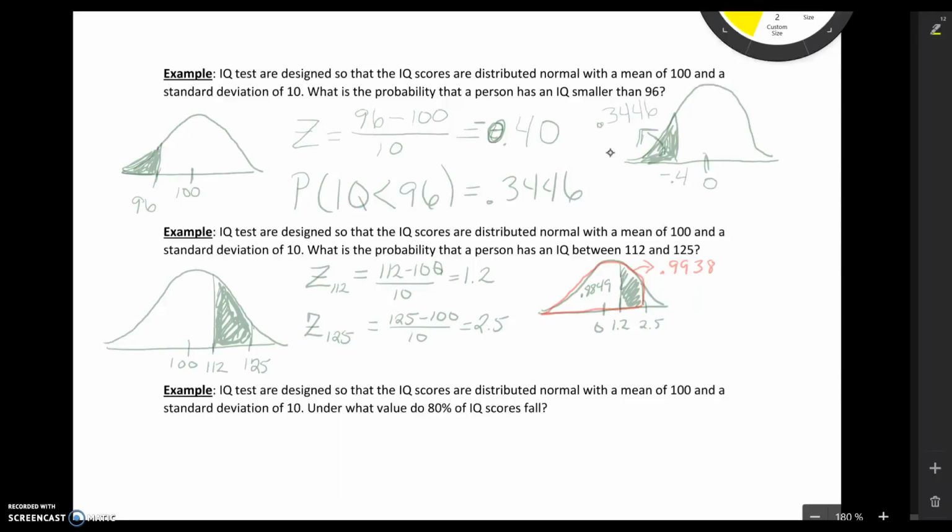Well, if we take the red area and we subtract off the 0.8849, we'll be left with the piece that we want. So what that tells us is the probability that IQ is between 112 and 125 is equal to the red piece, 0.9938, minus 0.8849.